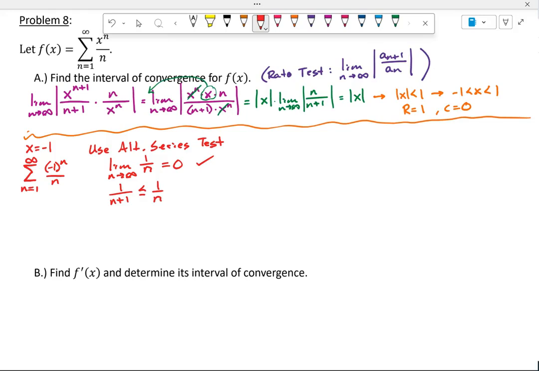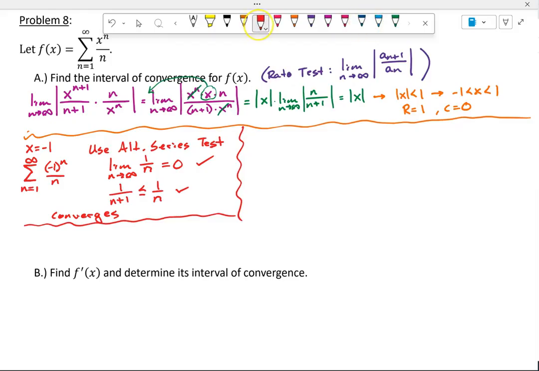Yes, it is. So if it's true, then what do we say? Does it converge or diverge? Converges. So we can say it converges by the alternating series test.